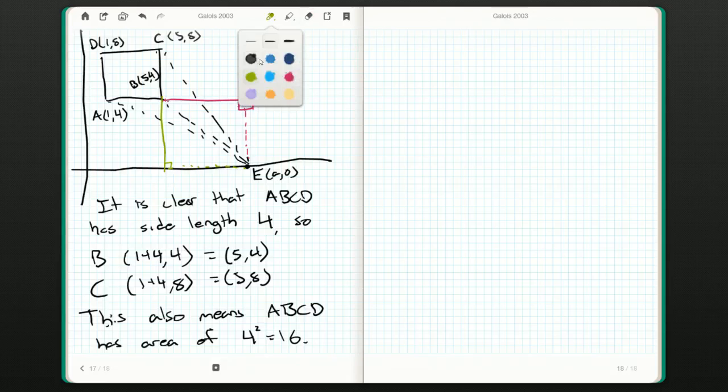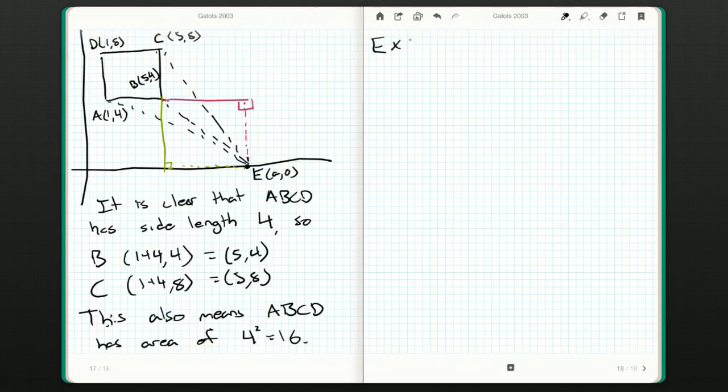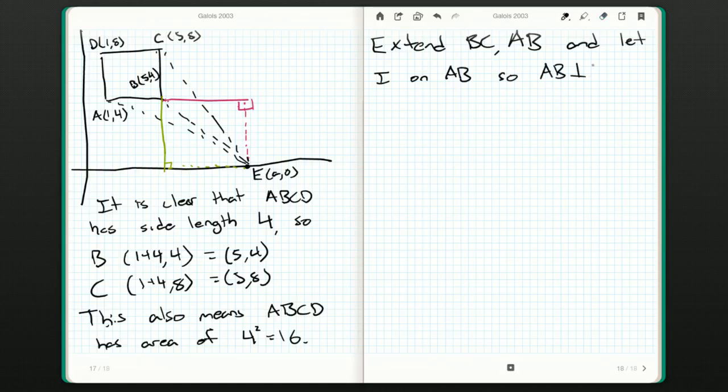Let's give these things names. Extend BC and AB. We'll have point I on AB, so AB is perpendicular to IE.